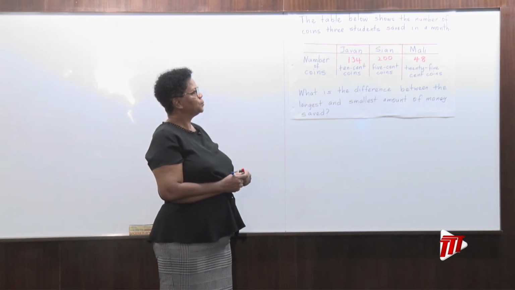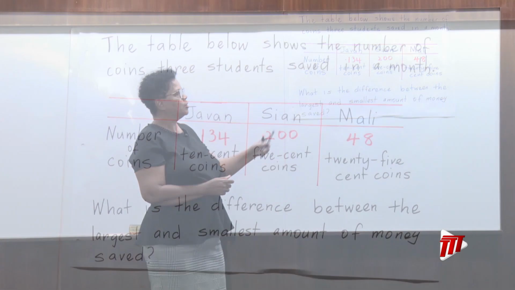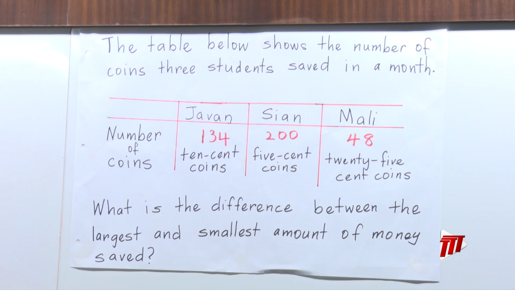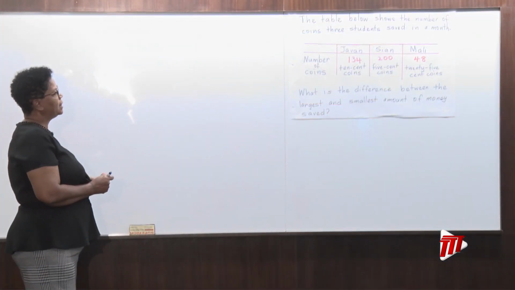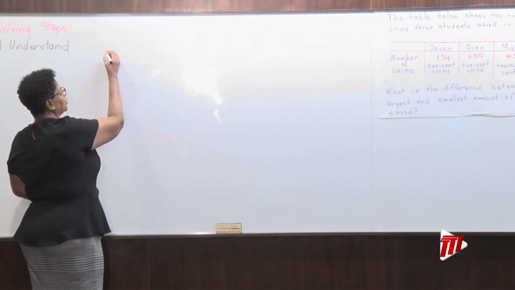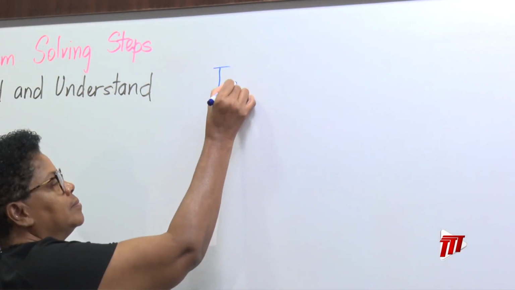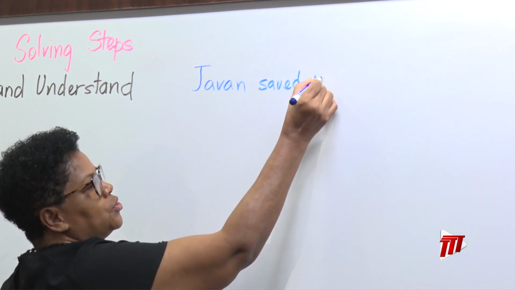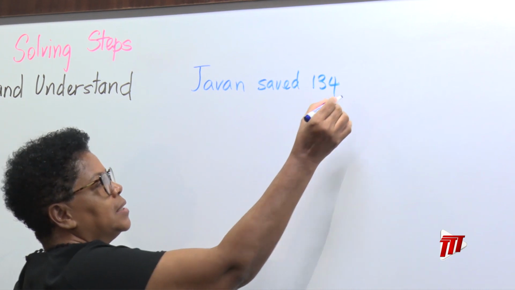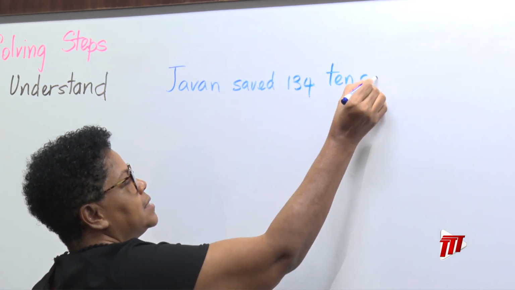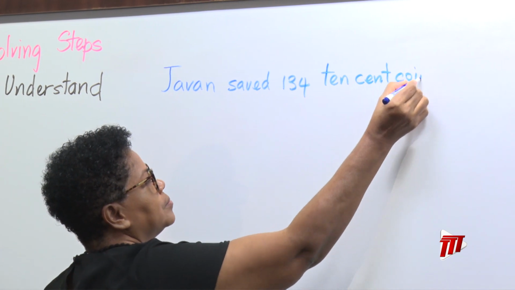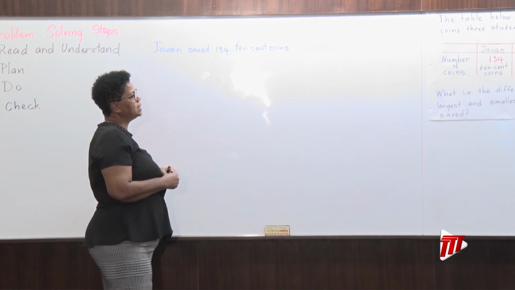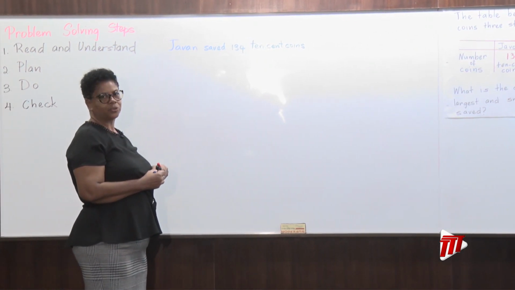What do we know? We know that we have 3 children. One saved 134 10-cent coins. So I'm going to write this over here. Javan saved 134 10-cent coins. We have Sean. Sean saved 200 5-cent coins.